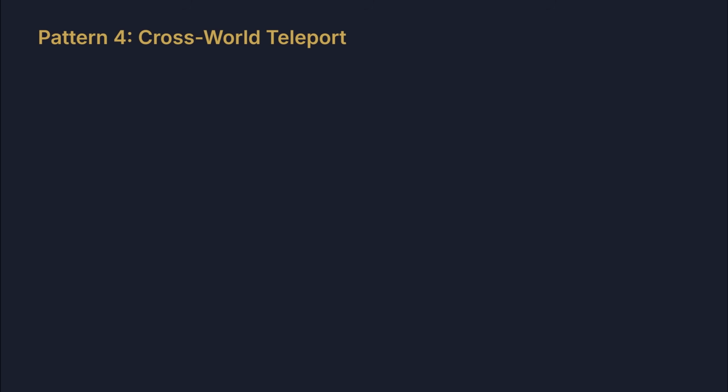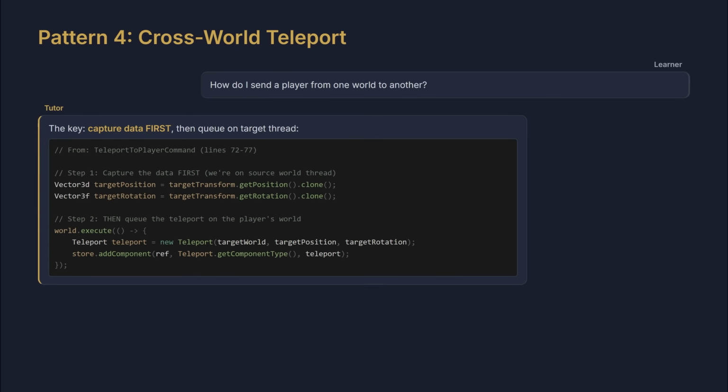Another pattern would be cross-world teleport. How do I send a player from one world to another? The key is to capture the data first and then queue it on the target. So we capture the data first while we're on the source world thread, like we get the target position and the target rotation, and then we execute the teleport on the player's world.